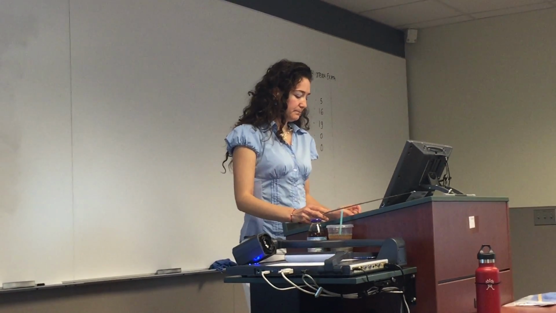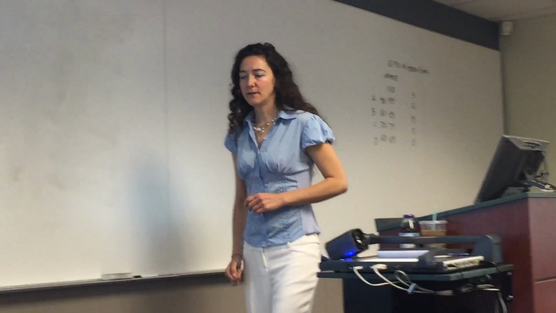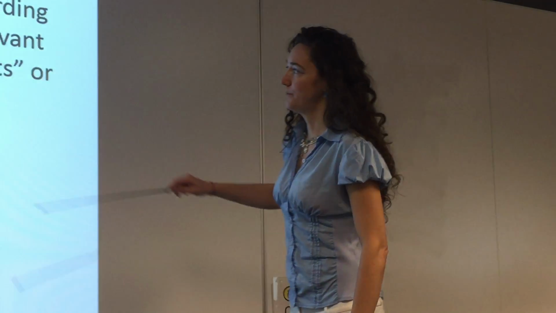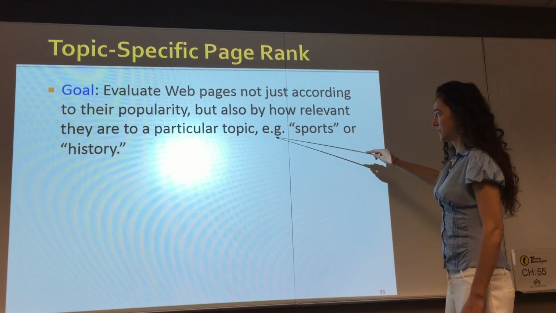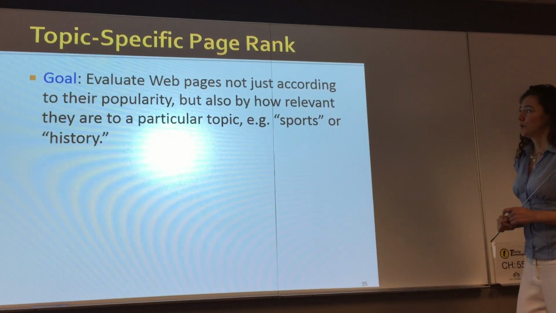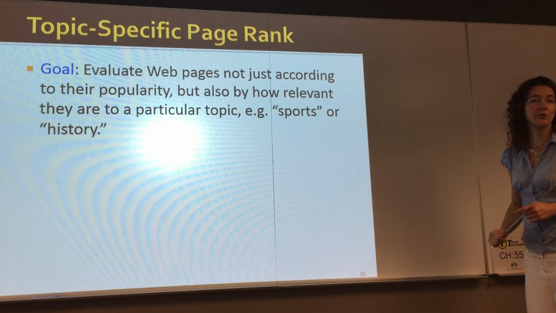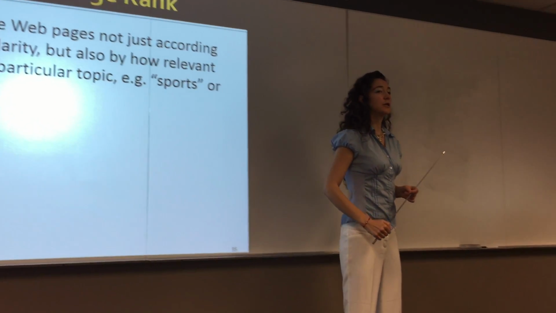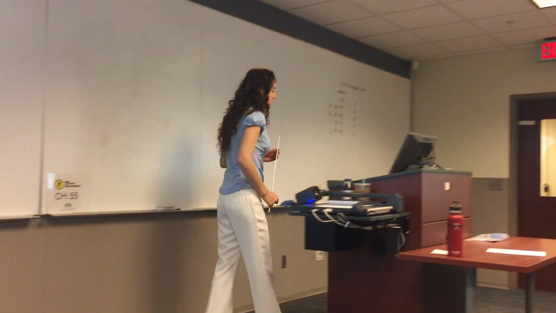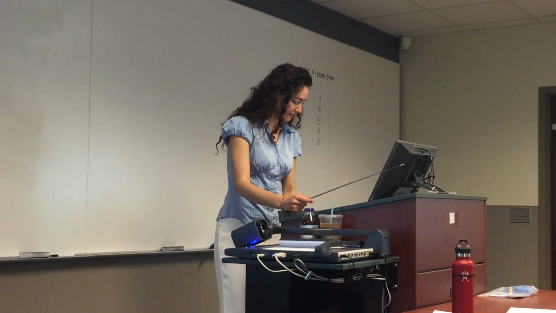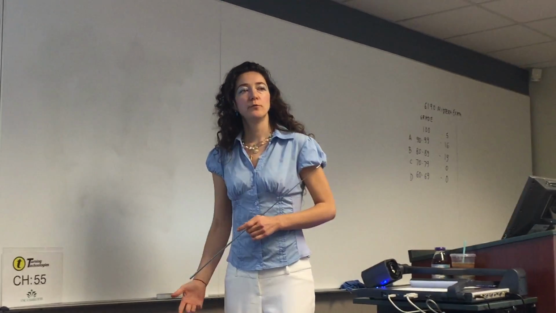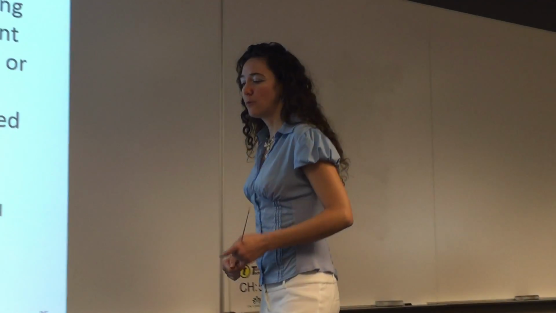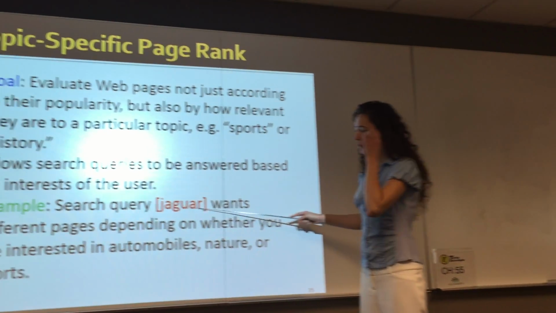So the goal here is to evaluate web pages not just by their popularity, that is the number of links that point to them, but also how relevant they are to a particular topic. So let's say our web surfer, a random walker, is interested in sports, and they're searching for a keyword called Jaguar.